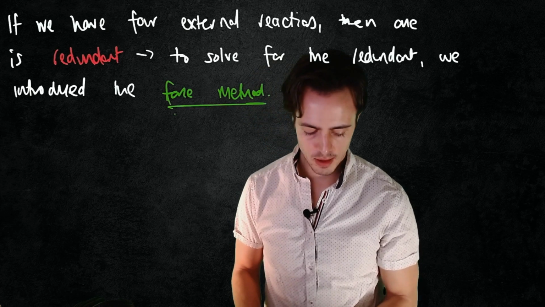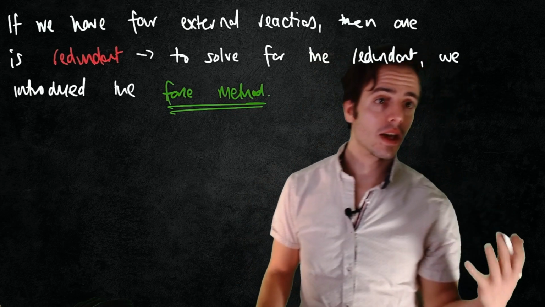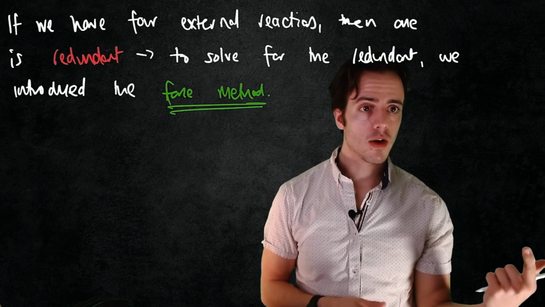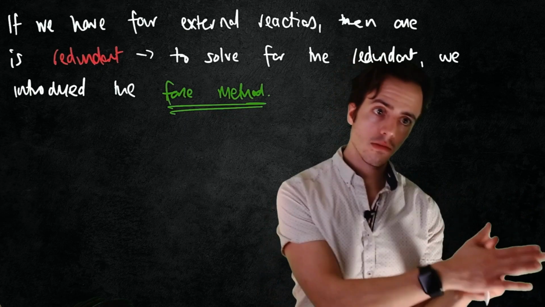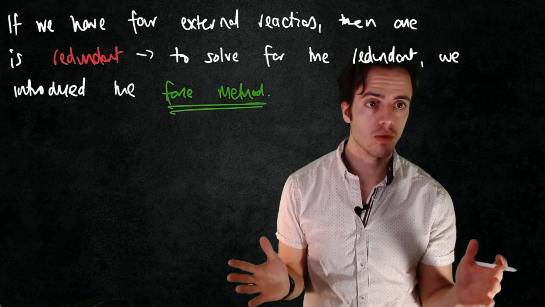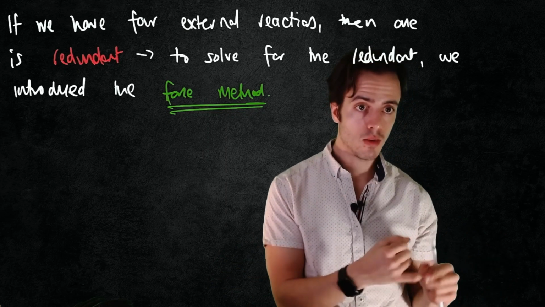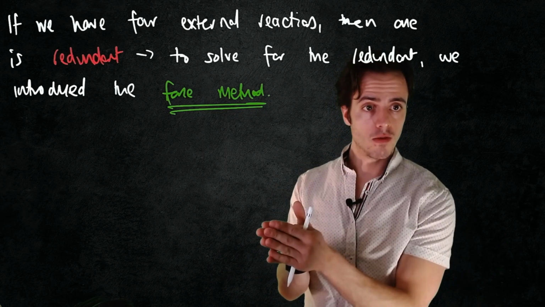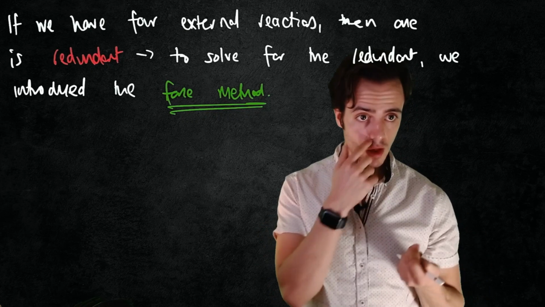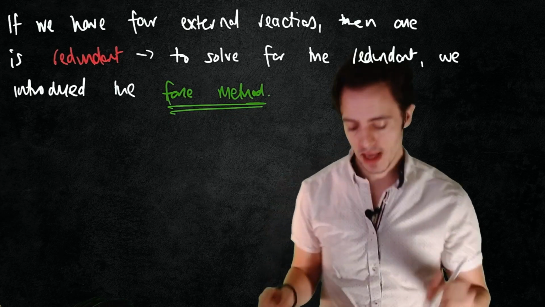Okay, and the force method we can loosely describe as set the redundant to 0, see how much the structure moves in the direction of the positive redundant force. Set the reaction equal to -1, see how much the structure moves back, and then the ratio of those two amounts gives us what the value of the redundant force has to be.